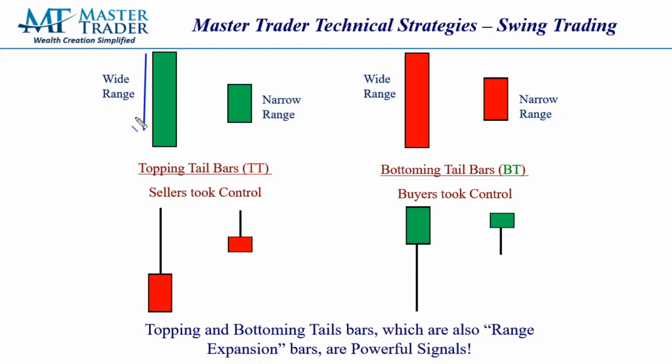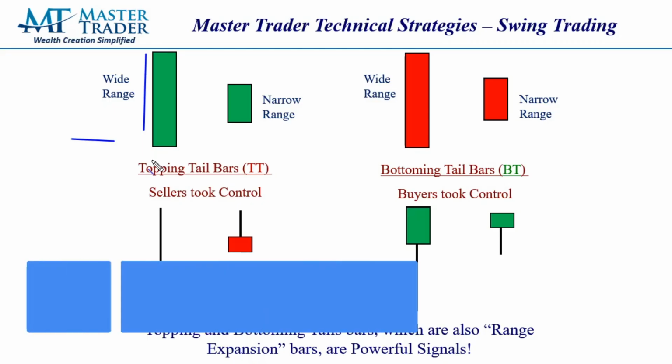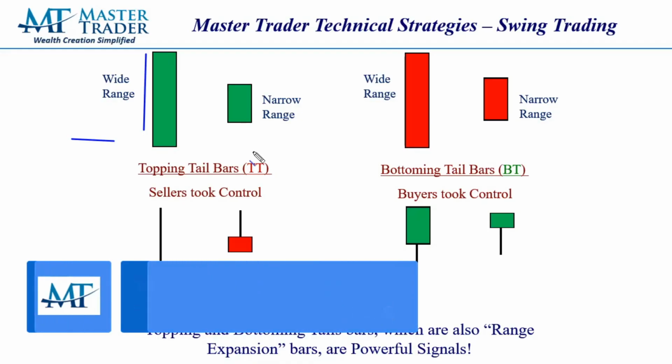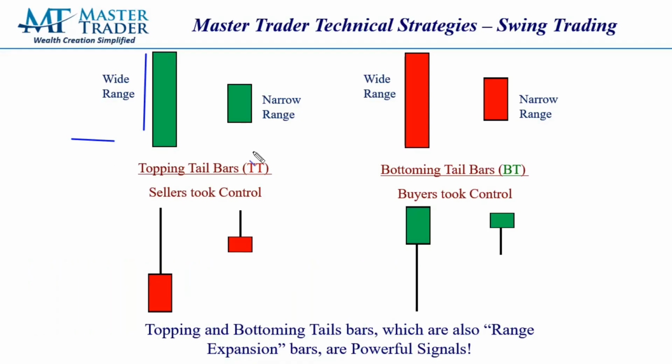So it's a visual that we look at to say, that candle was wide compared to the ones that preceded it. If we had a consolidation and we saw a big wide range bar, we would take note of that. And if it was preceded by a small one where the high and low were close together, we say that's a narrow range bar.